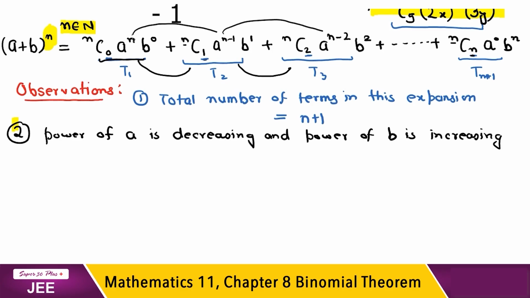Earlier it was n, then it became n minus 1, then n minus 2, and it kept on decreasing till 0. In the last term it became 0. So that is what I have written, that the power of a is decreasing, and you can observe here the power of b is 0, then it became 1, then 2, and so on. Ultimately it went on to become n. So the power of b is continuously what?